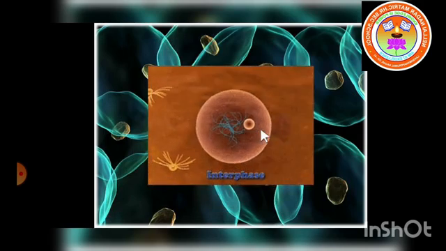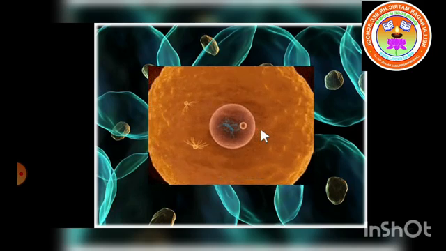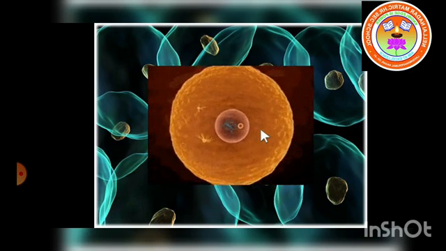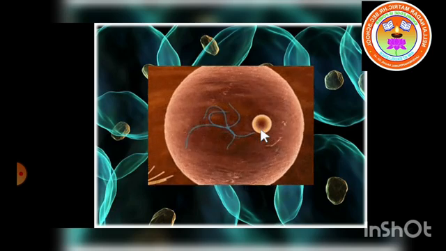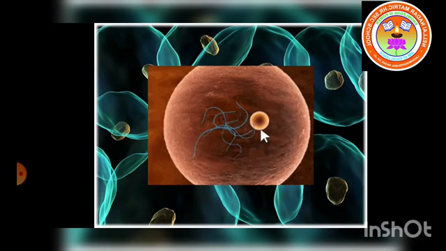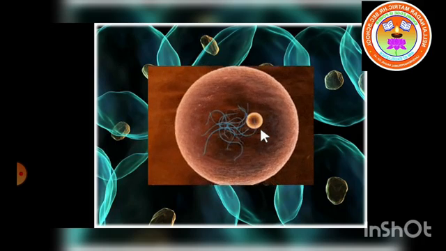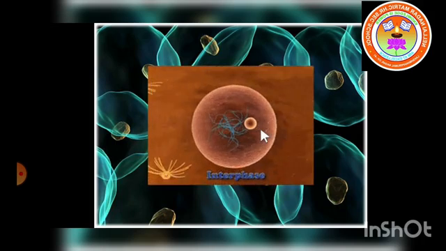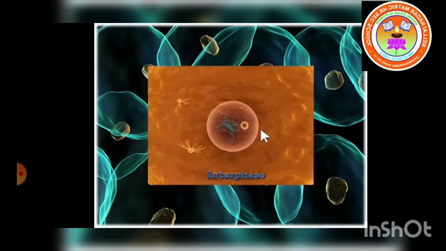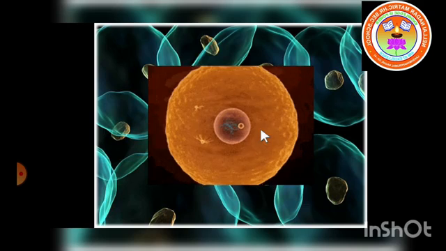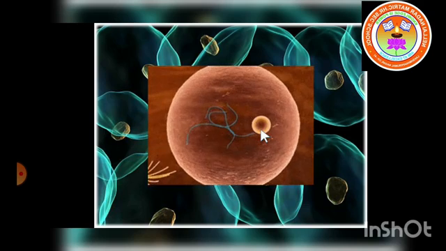You can see the nucleus prepares for the next cell division. So what does the cell do by this time? The cell prepares itself for the next cell division.